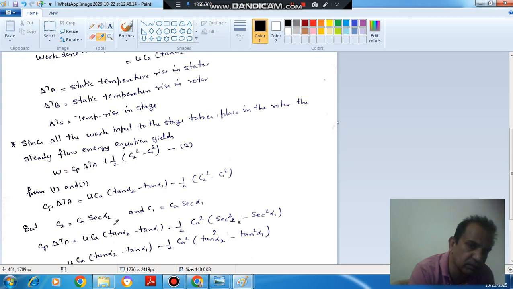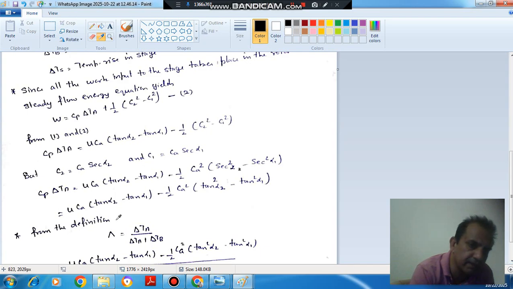Now when we put C2 and C1 here, it becomes 1 by 2 Ca square (secant square alpha 2 minus secant square alpha 1), and secant square alpha 2 is 1 plus tangent square alpha 2, and secant square alpha 1 is 1 plus tangent square alpha 1. Okay, 1 will cancel out. So we have the expression for Cp del Ta as U Ca (tangent alpha 2 minus tangent alpha 1) minus 1 by 2 Ca square (tangent square alpha 2 minus tangent square alpha 1).